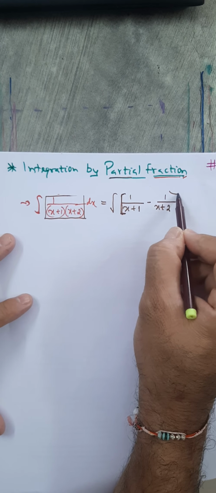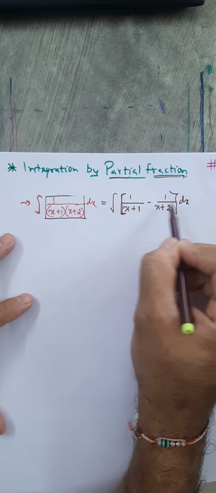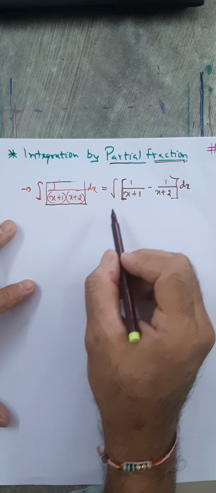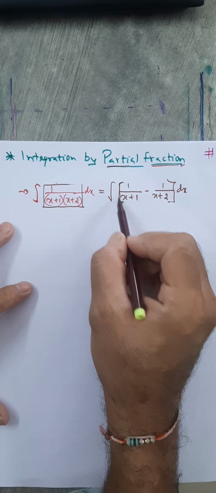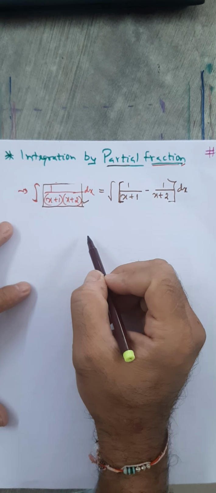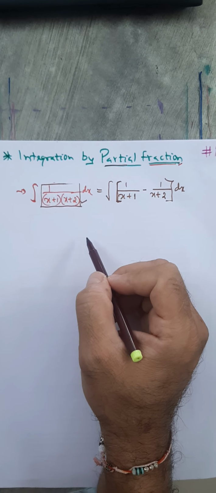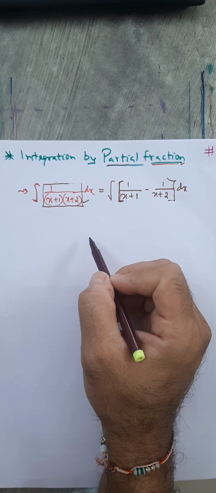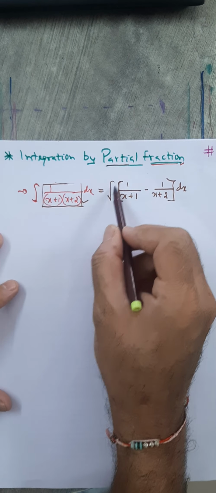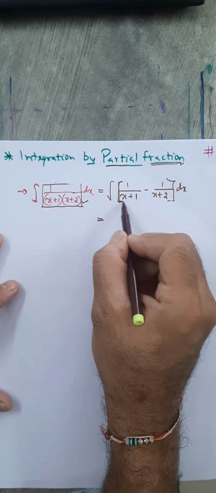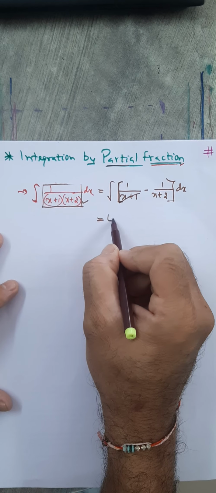You just verify. If you take the LCM of this expression and do cross multiplication, you will get exactly this. So instead of a product, you have expressed it as a difference, and now this can be integrated very easily. This being a linear function, you can imagine it as x.